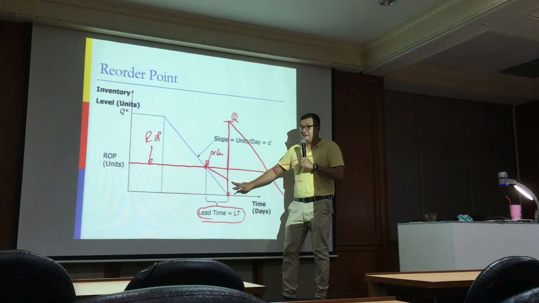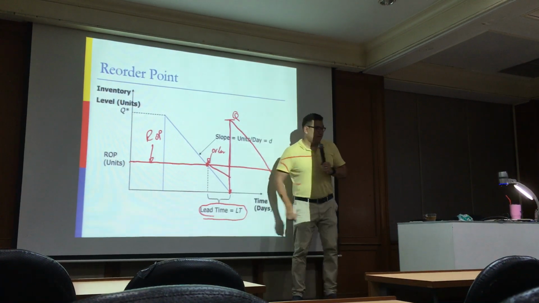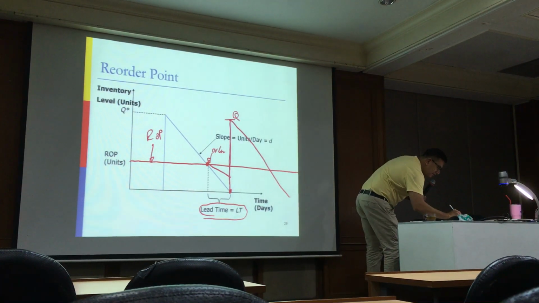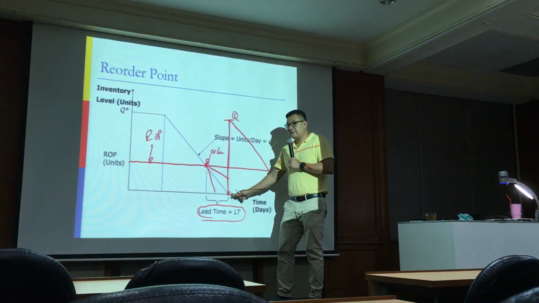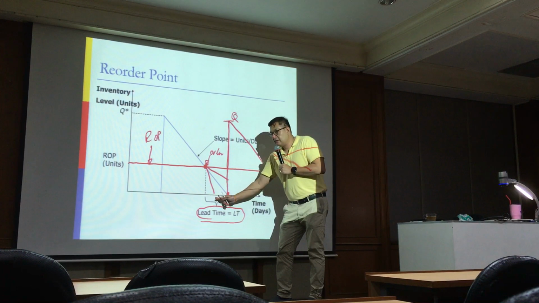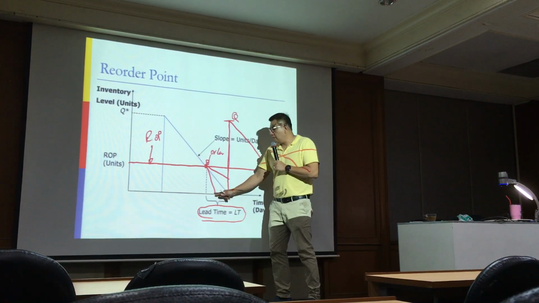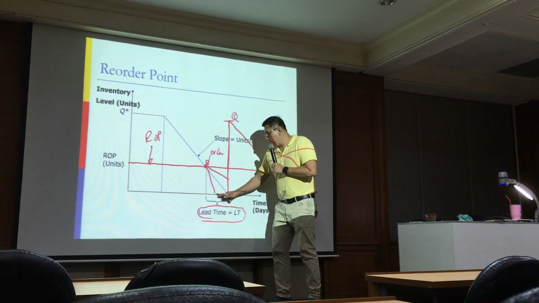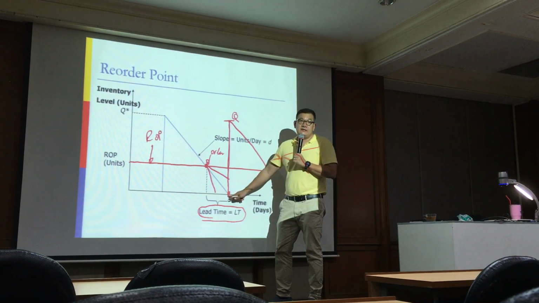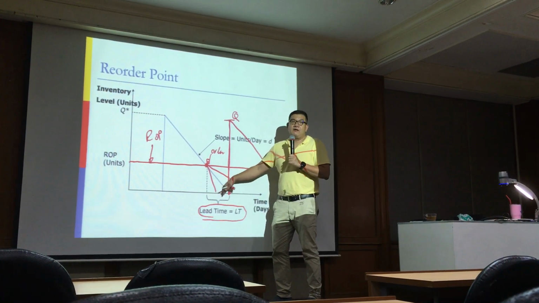We have the remaining inventory, that's okay. But what happens if the demand goes like this? It's not going this way, but it goes like this. So we run out of all the inventory before we reach the lead time, right? So in this case, we can have a big problem.